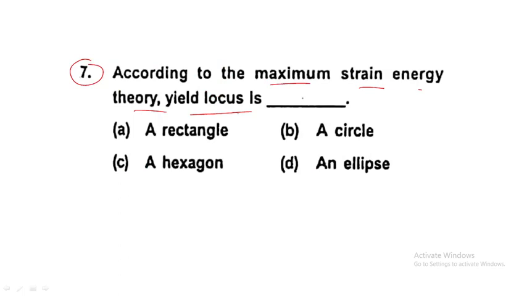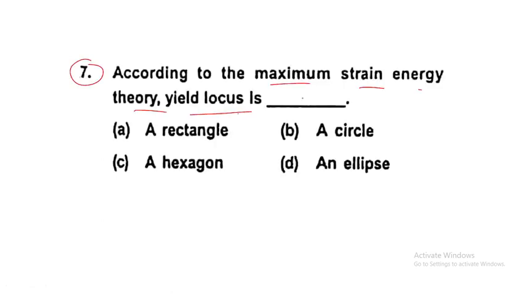According to the maximum strain energy theory, for no failure, the maximum strain energy per unit volume should be less than or equal to the strain energy per unit volume under uniaxial loading when the material is stressed to the yield stress.